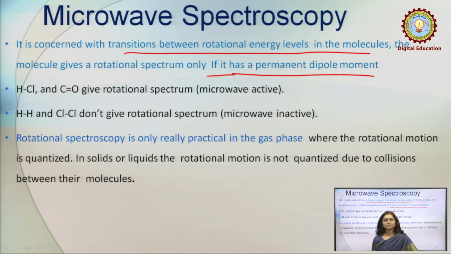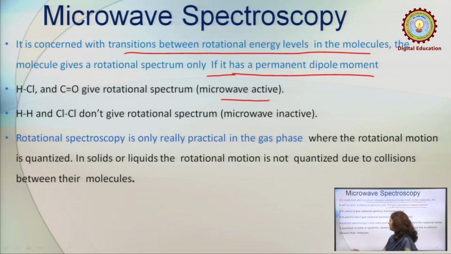It means microwave spectroscopy is shown by only those compounds which have permanent dipole moment. For example, HCl and CO both have permanent dipole moment, so they are called microwave active. They give the rotational spectrum.